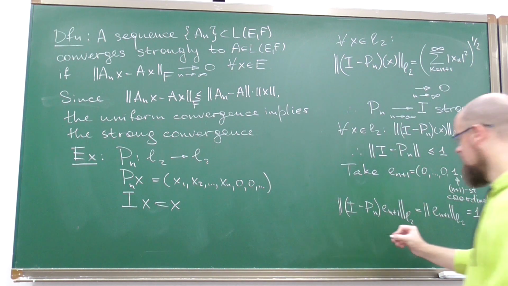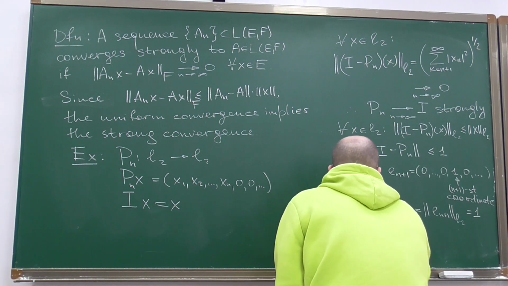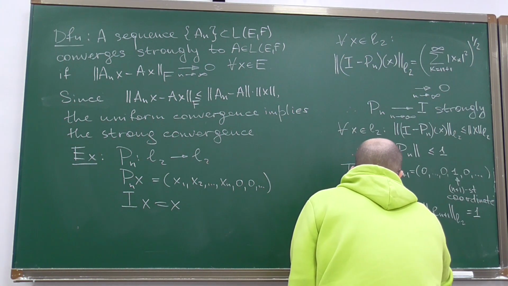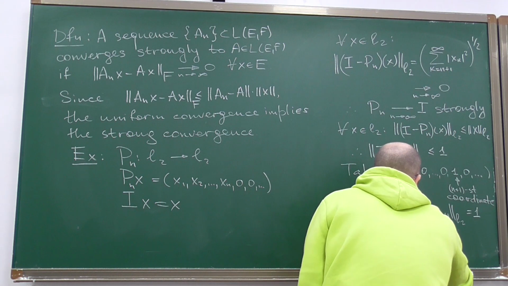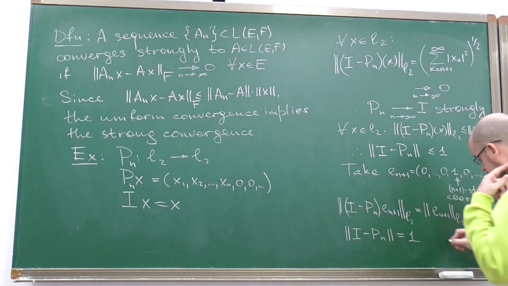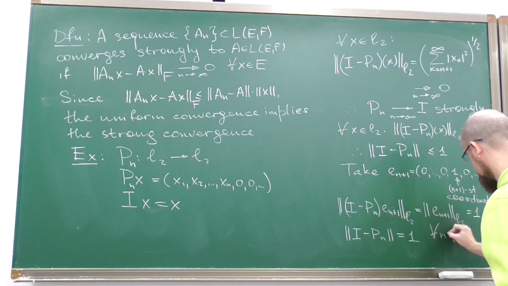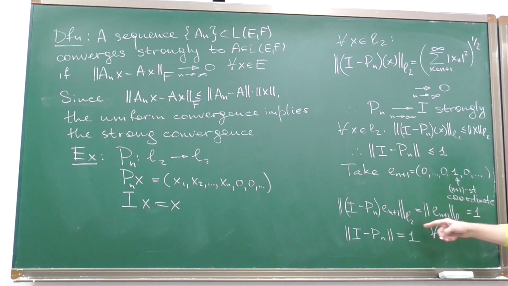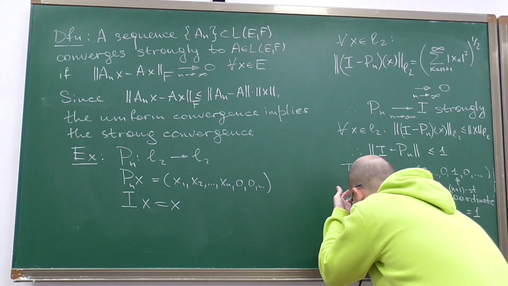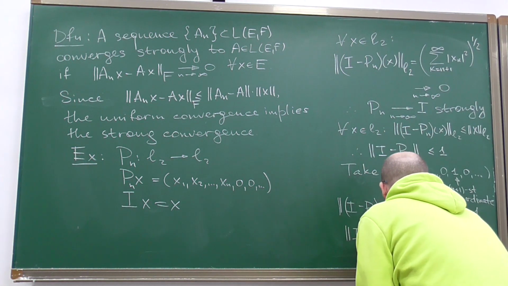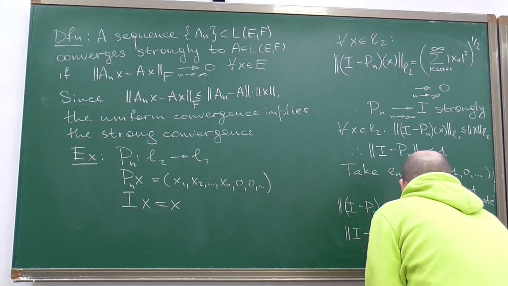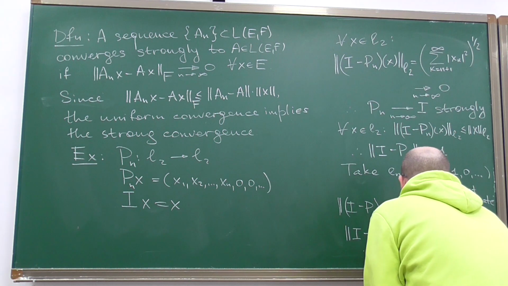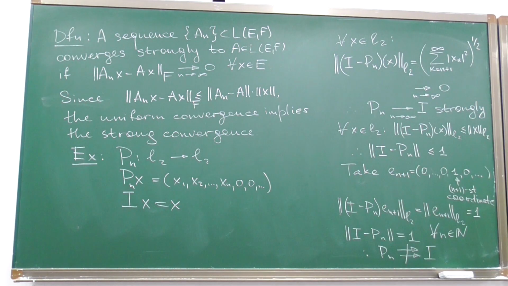So the norm of identity minus Pn is 1 for any n, which means that this norm cannot tend to 0. So Pn does not converge to identity strongly.